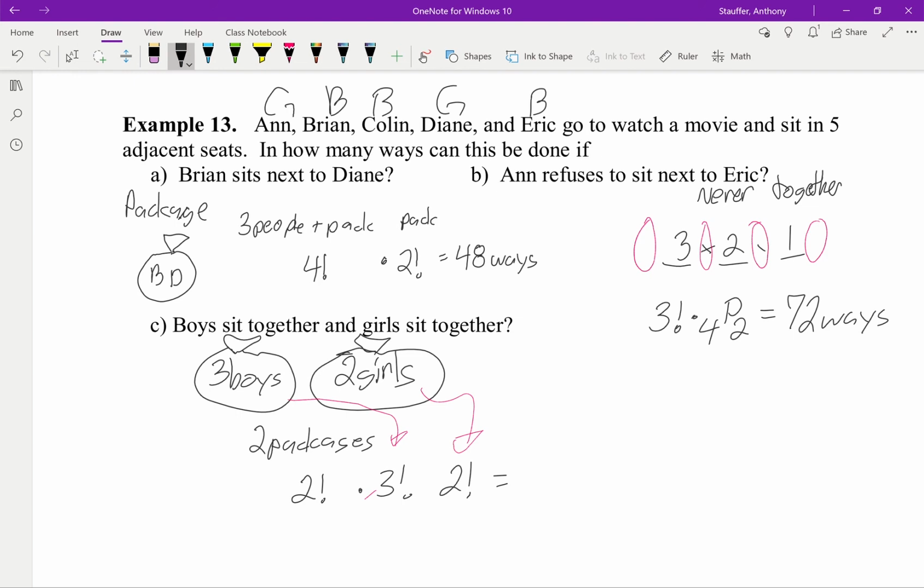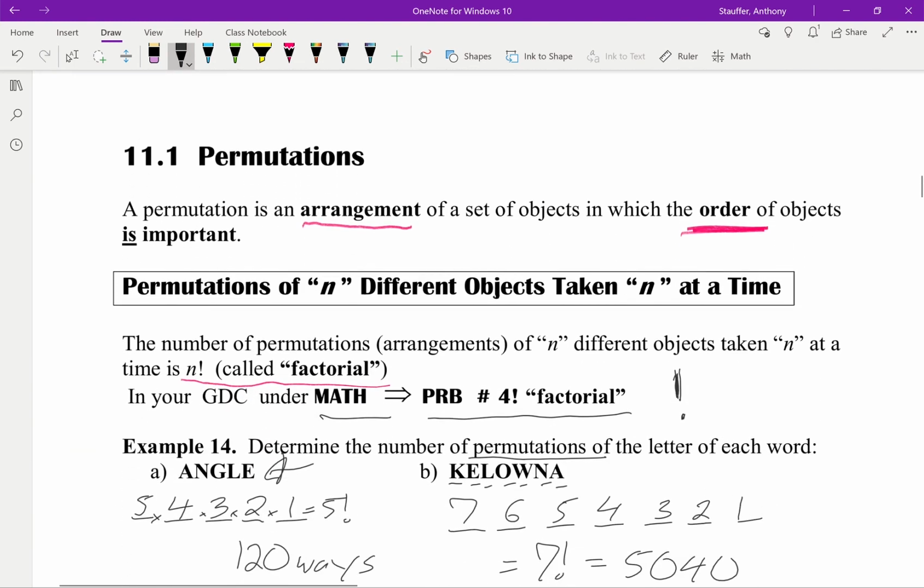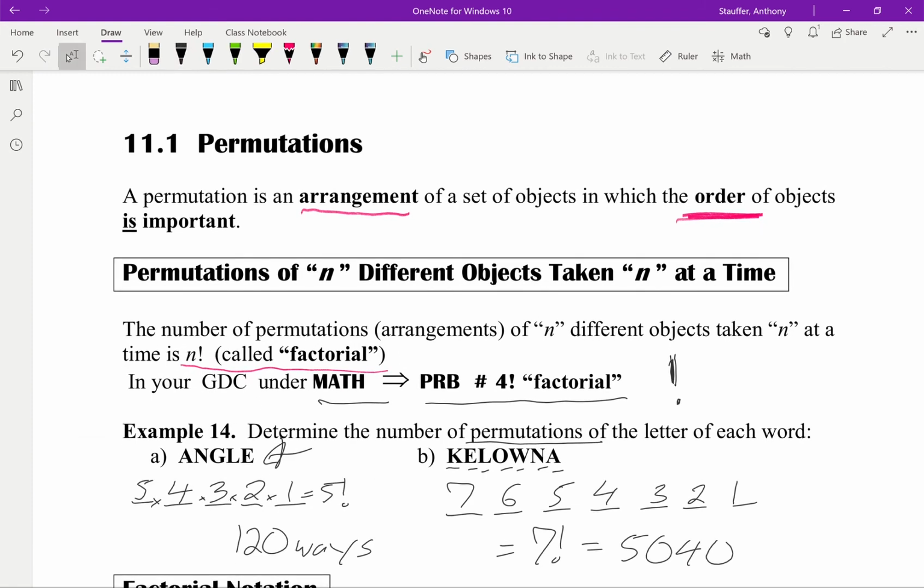So the 2 packages is either going to be boys first, girls second, or girls first, boys second, and then I have the 3 factorial ways I can arrange the boys and the 2 factorial ways that I can arrange the girls. And this would give me 24 ways. Now, this will actually take us back to permutations and the examples that I'm about to go through.